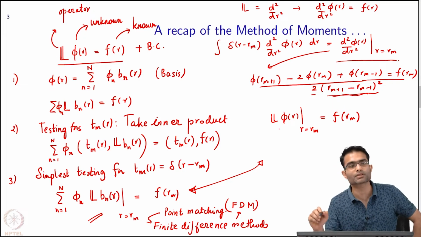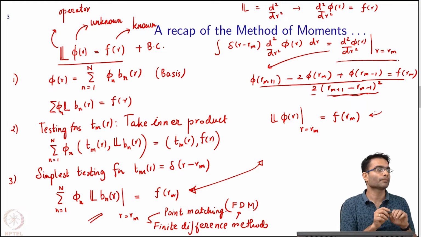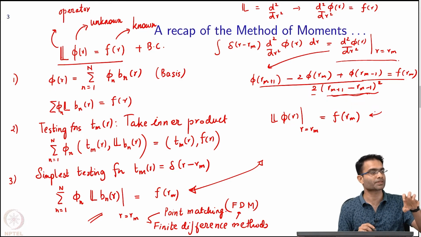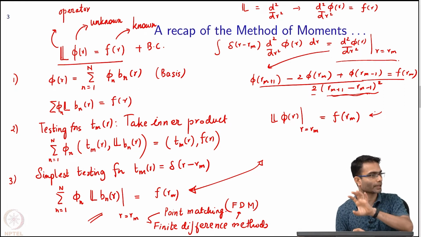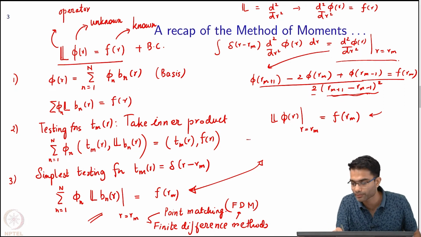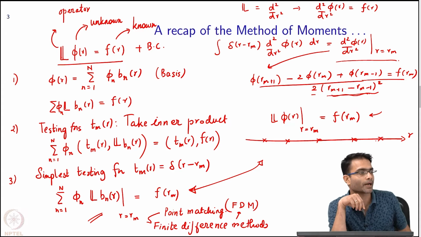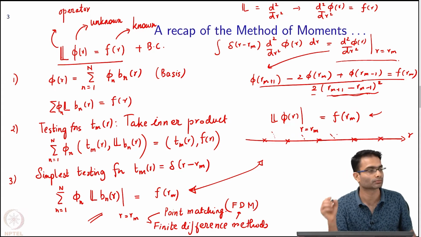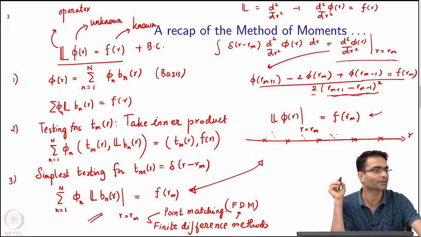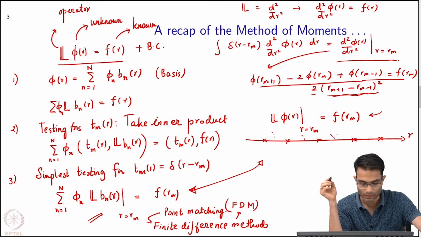So, in some sense what I am saying with this equation is that I am enforcing this equation at a few discrete points r1, r2, r3, rm, correct, right. So, if I had my whole axis like this r, I am only enforcing it at some regular grid of points over here, but I am not saying anything about what happens at intermediate points over here, here and so on, right. So, the natural question is whether there is a way to get a little bit more accuracy, okay.